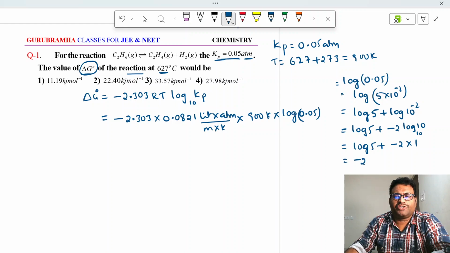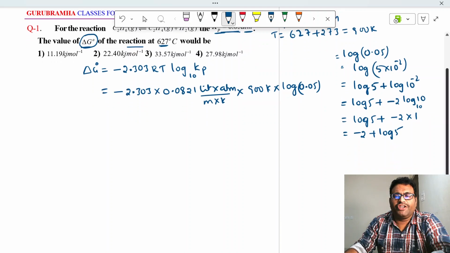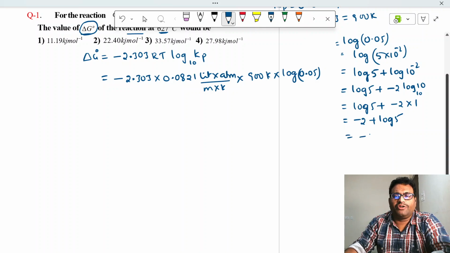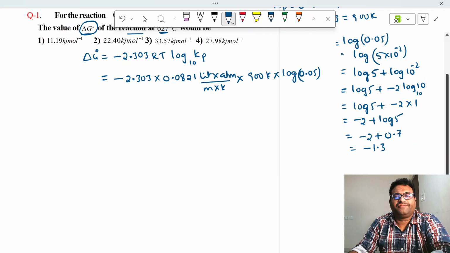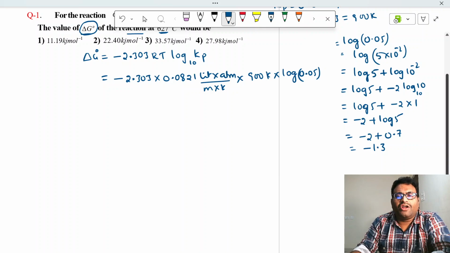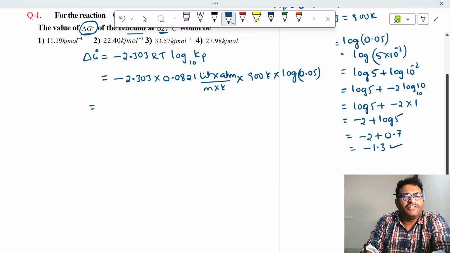So we get minus 2 plus log 5, and log 5 is 0.7, so minus 2 plus 0.7 is equal to minus 1.3. So log 0.05 is minus 1.3.